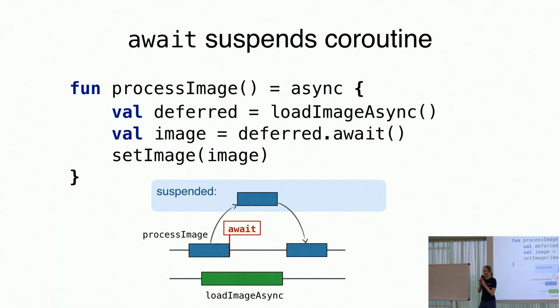Under the hood, this magic works via the same callbacks as we were discussing at first, but these callbacks are hidden inside this suspend machinery. You don't work with them directly, you just write this simple, straightforward code. So here we returned the coroutine.